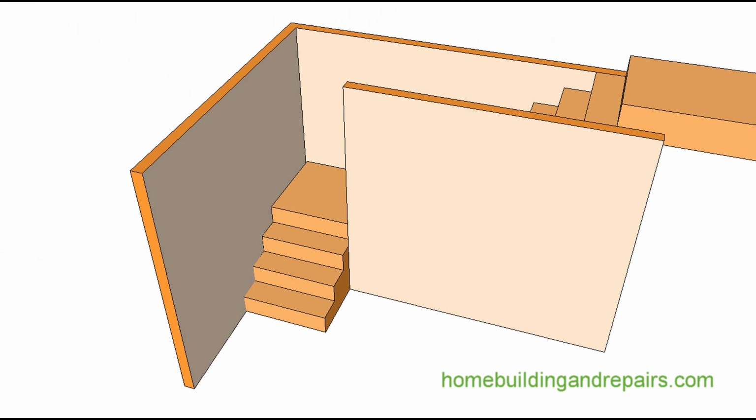Now, if you need wider steps, maybe 11-inch steps, simply add another step to the bottom here. So instead of having 2, now we would have 3 up to a landing, and then you could have 8 treads up here. And let's just say that you wanted to change the rise, then you could always stay with the 9 steps and then add another step down here, and this would lower the height of each individual riser.